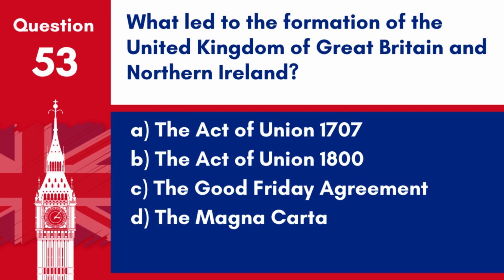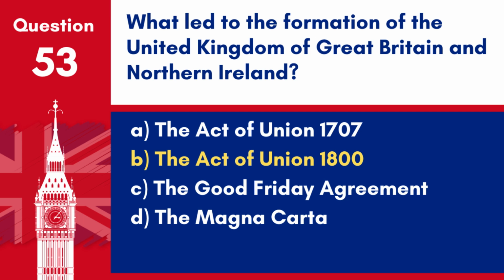Question 53. What led to the formation of the United Kingdom of Great Britain and Northern Ireland? A. The Act of Union 1707. B. The Act of Union 1800. C. The Good Friday Agreement. D. The Magna Carta. Answer B. The Act of Union 1800.